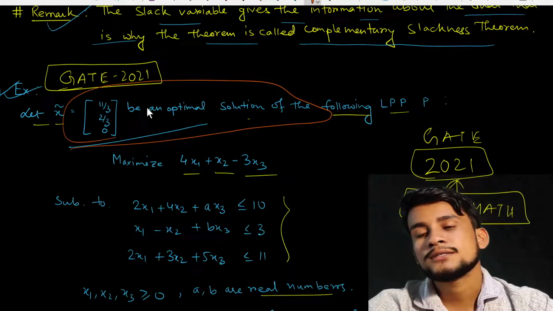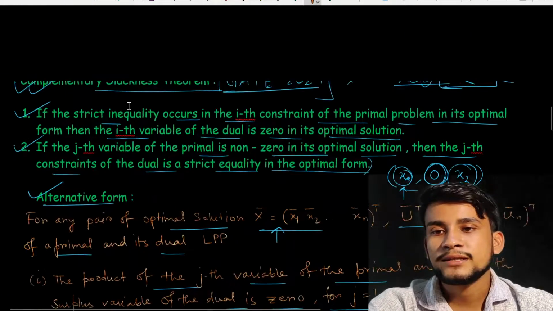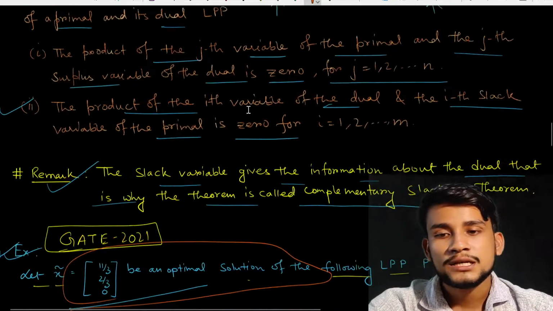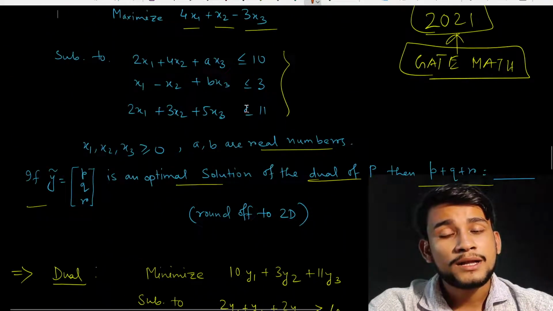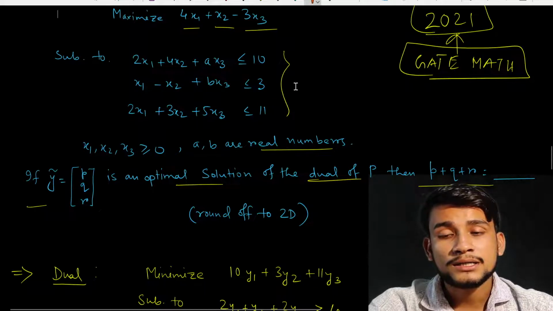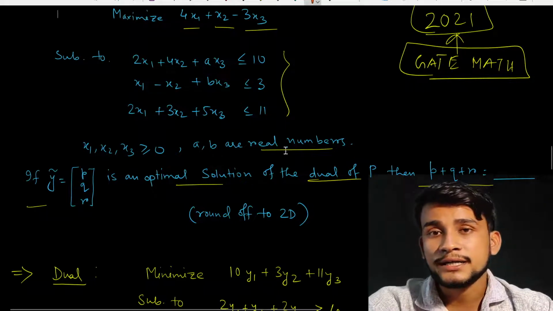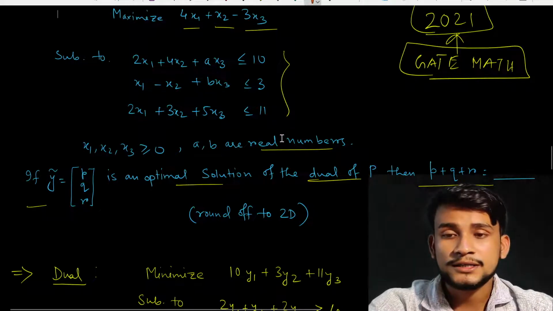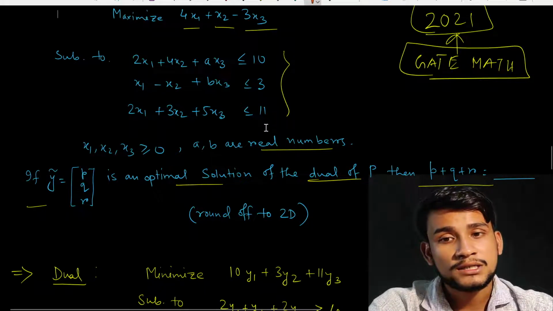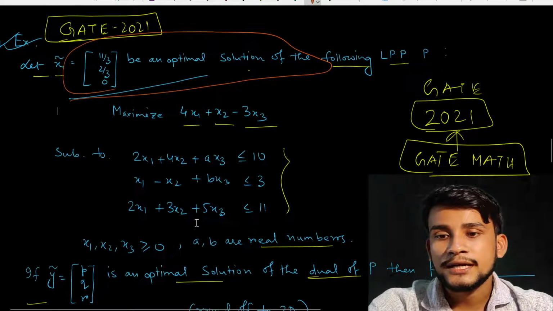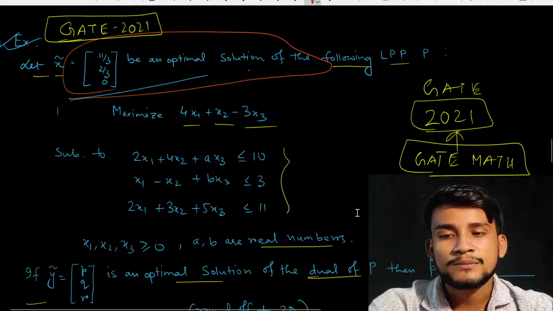Now we put this solution into the primal constraints and find in which constraint it gives the strict inequality sign. There are a and b present here, and a and b are real numbers.